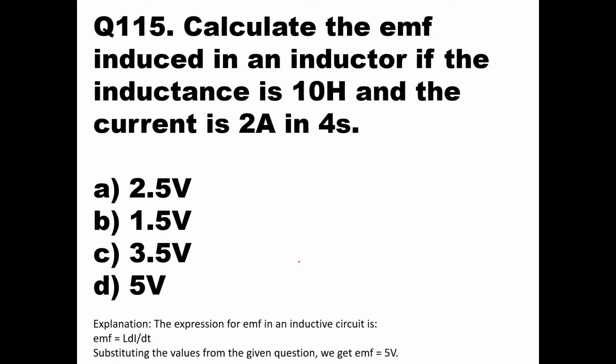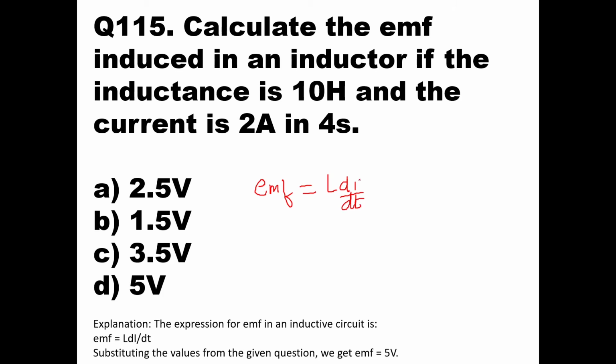Then we'll go to the next question, question number 115. Calculate the EMF induced in an inductor if the inductance is 10 Henry and the current is 2 ampere in 4 seconds. So he has asked to calculate the EMF induced. Now EMF will be given as L di by dt.